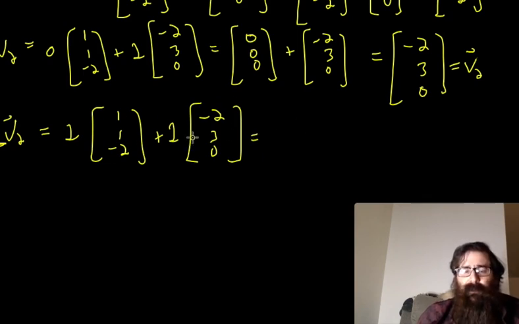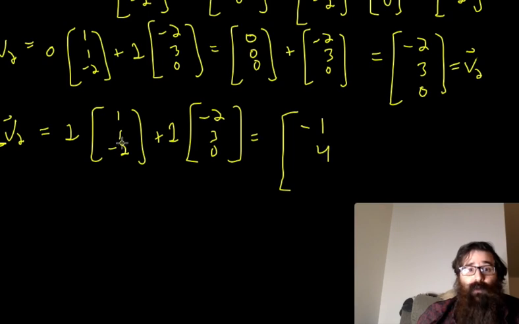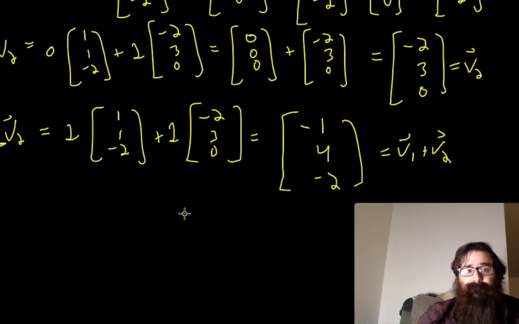So I'll sort of spare you the step in between. Multiplying by 1 isn't going to change the vectors. I add the corresponding entries. I get 1 plus minus 2 gives me negative 1. 1 plus 3 gives me 4. Negative 2 plus 0 gives me negative 2. So this gives me vector v1 plus v2 is also in the span.